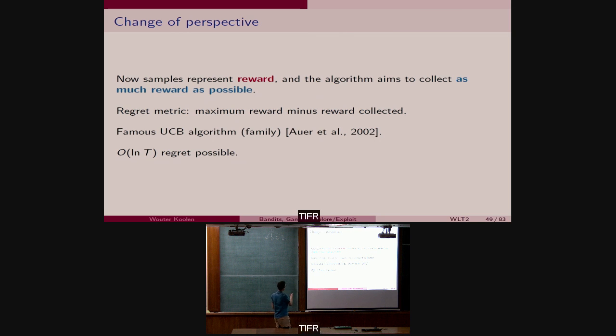In this world, the metric of evaluation is called the regret, and it's the maximum reward available minus the reward that you collected. The go-to algorithm is UCB, and when you run that, you have a logarithm in T regret. That's the baseline that you will maybe get in a university course.